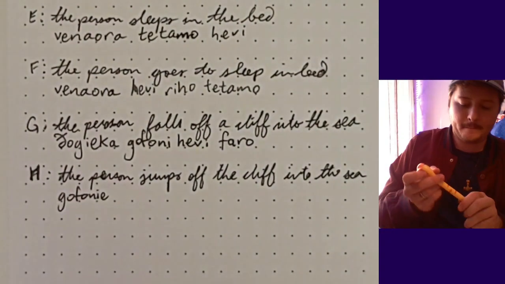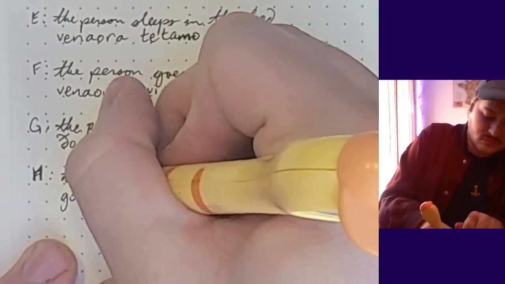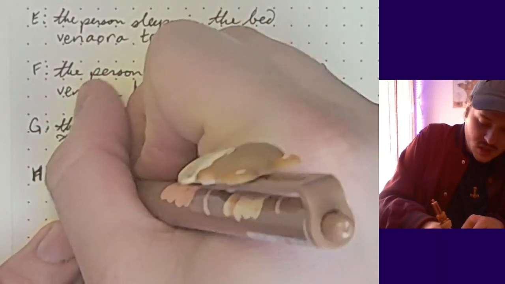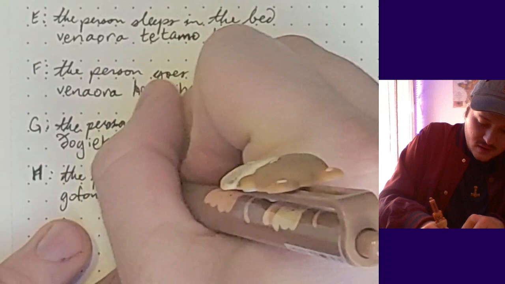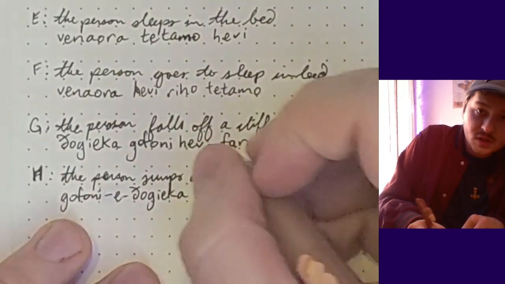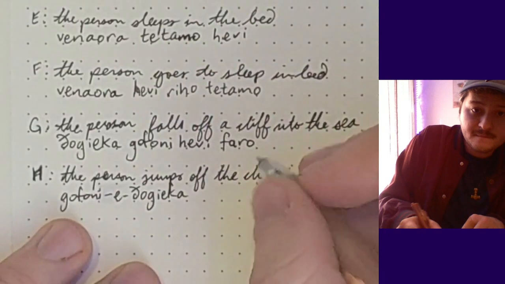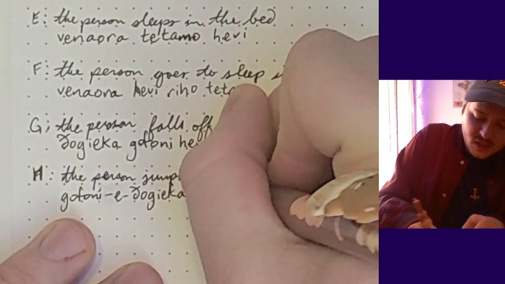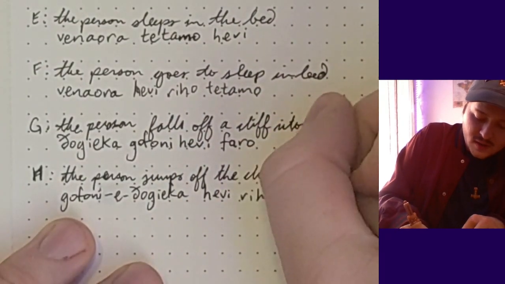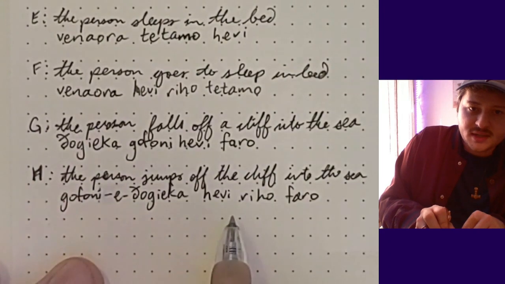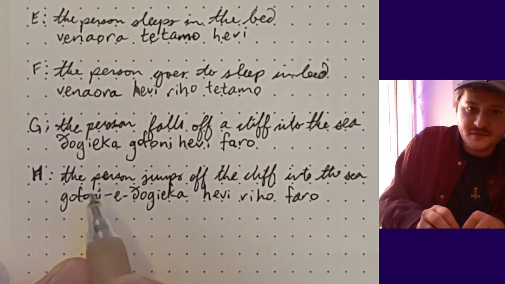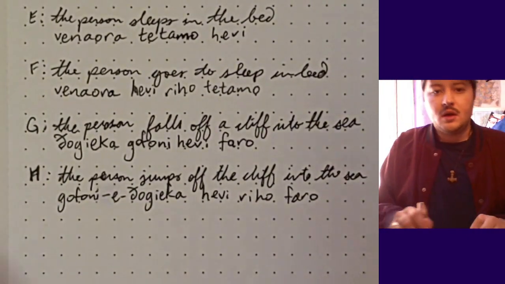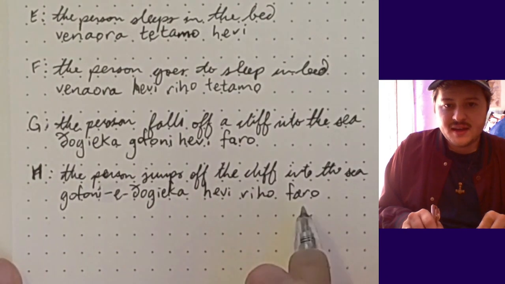Gofoni-e-dhoyeka, the person themselves. Okay, so it's evi, rio, faro. So the person cliff-falls themselves into the sea. Gofoni-e-dhoyeka evi rio faro.